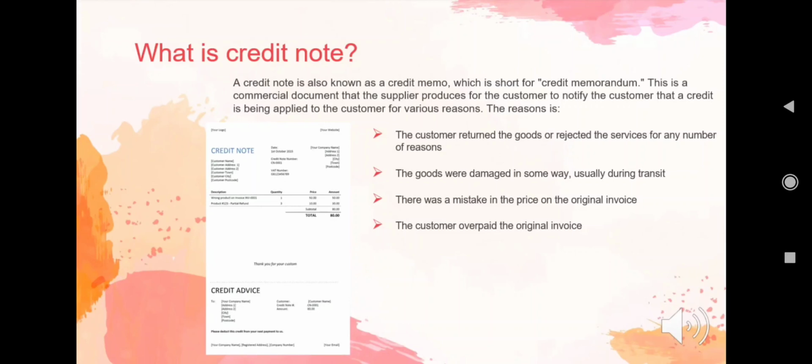The reasons are, first, the customer returned the goods or rejected the services for any number of reasons. Second, the goods were damaged in some way, usually during transit. Third, if there was a mistake in the price on the original invoice. And the last one is the customer overpaid the original invoice.